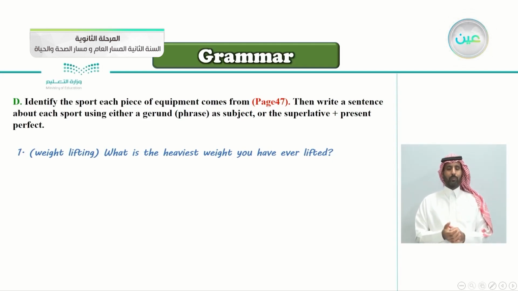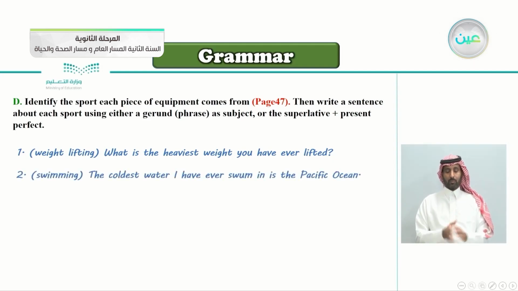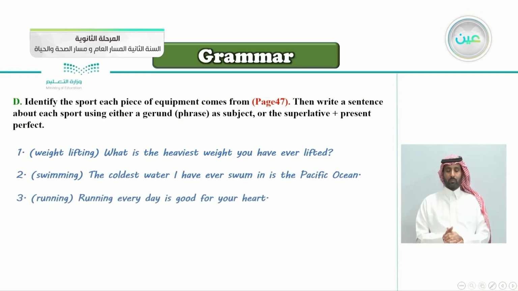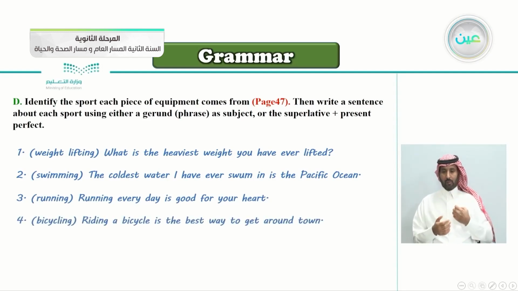Number 2, for example, very good, about the swimming. The coldest water I've ever swum in is the Pacific Ocean. What about number 3? Yes, excellent. The running, the shoes. Running every day is good for your heart. And number 4, for example, the bicycle. Riding a bicycle is the best way to get around town.